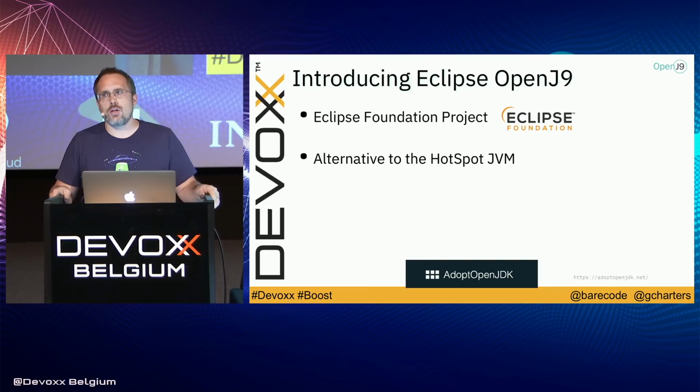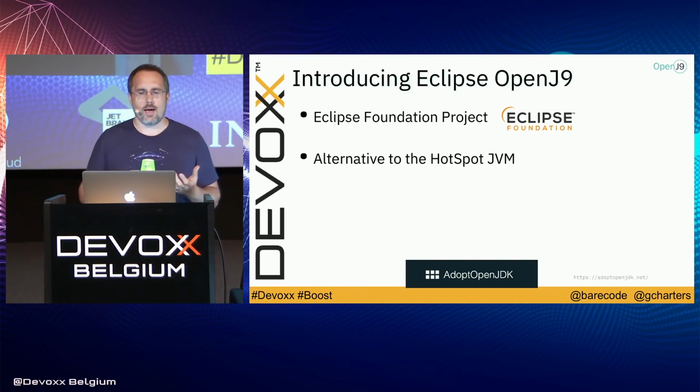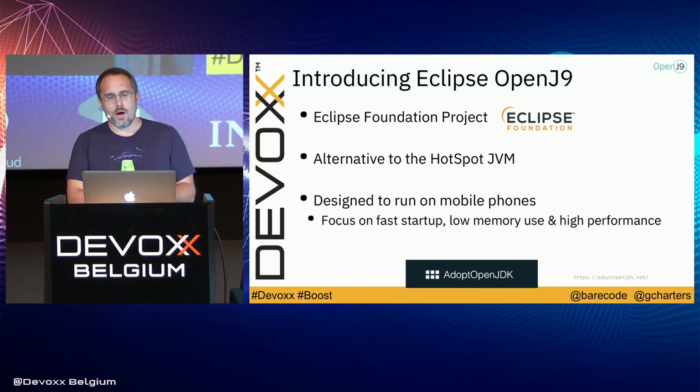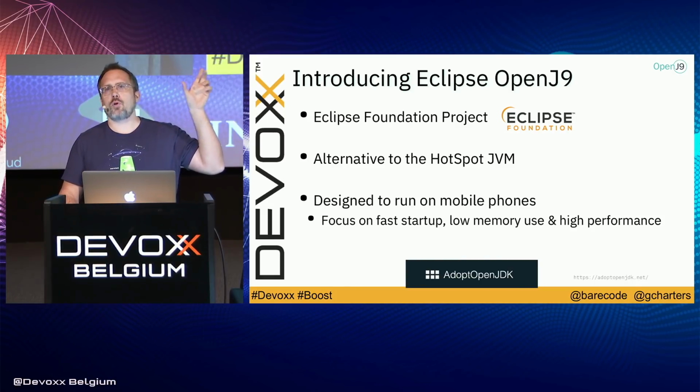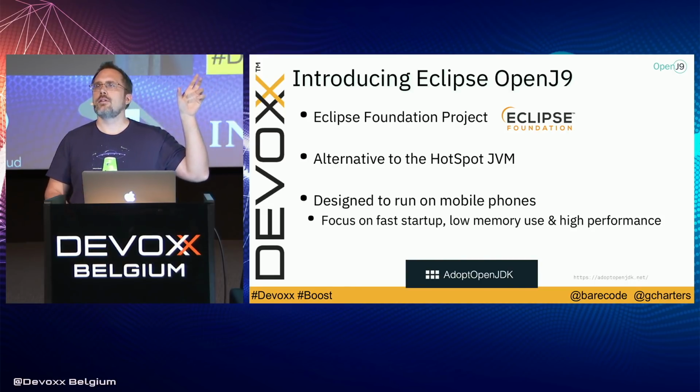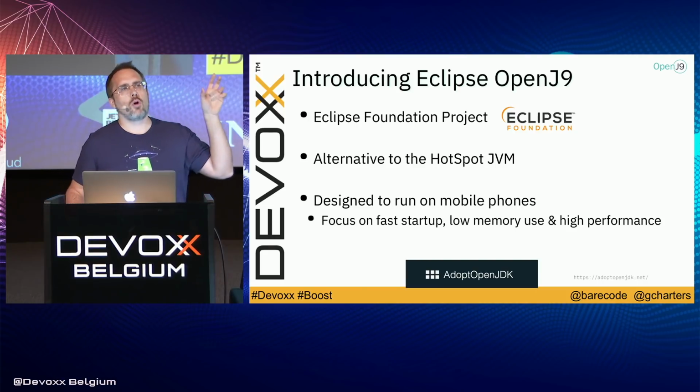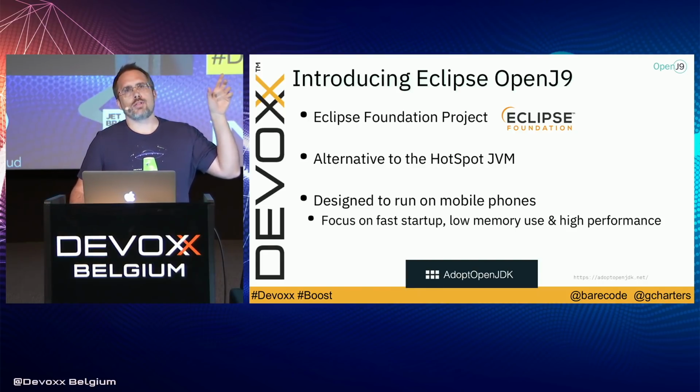So it's an alternate runtime environment, if you will, for your Java application. And it was originally designed to run on mobile phones. So remember those old Nokias that probably everyone who had a mobile phone had? IBM built Java to run those applications on that phone.